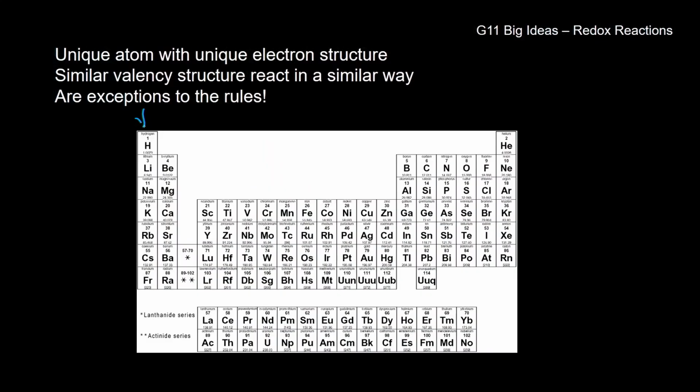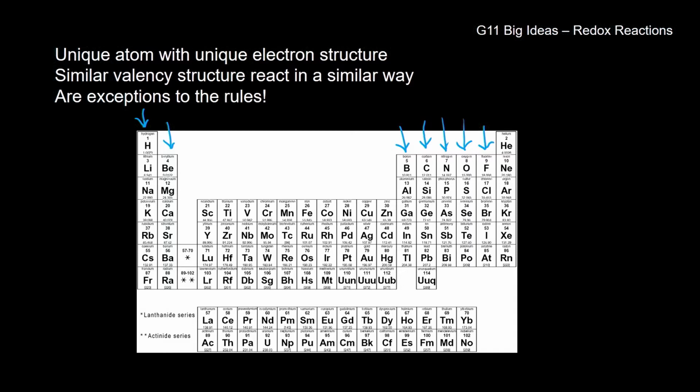Right, so each atom has a unique electron structure. We've seen that. So there are similar valency structures within the groups. So group 1, group 2, group 3, group 4, group 5, group 6, group 7, which I think is also called group 17.